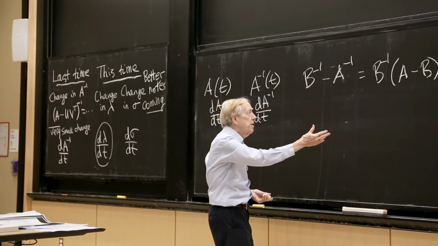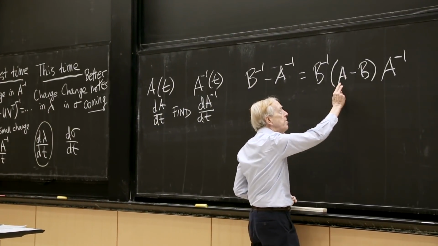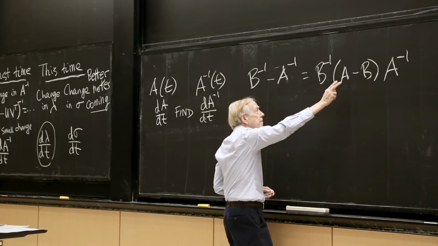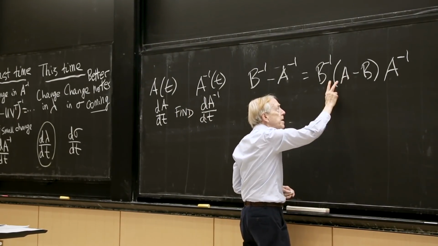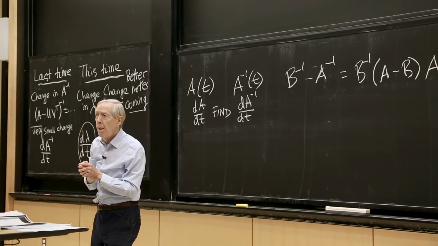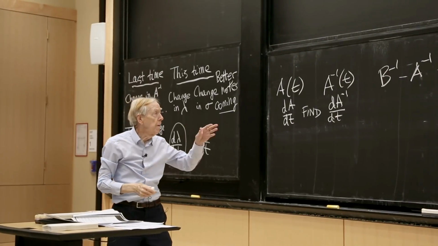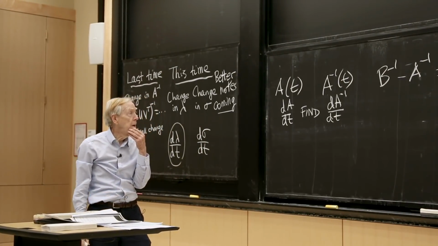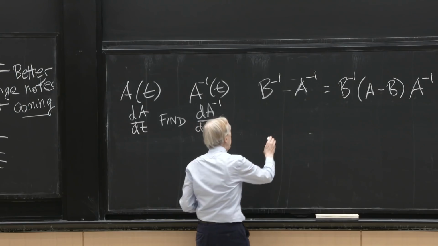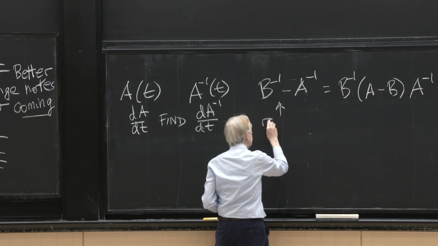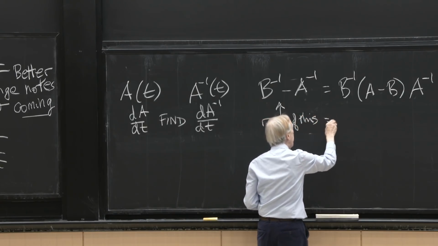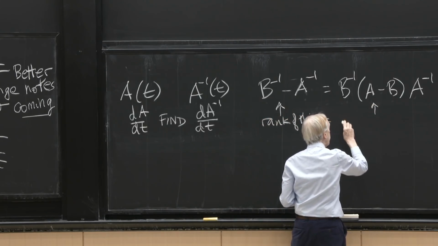Because over on this right-hand side, I have B inverse times A inverse. That's the identity. So that's my B inverse. And I have the minus. The B inverse B is the identity. There's A inverse. It's good, right? So that is from that. Well, I could actually learn from that the rank of this equals the rank of this.